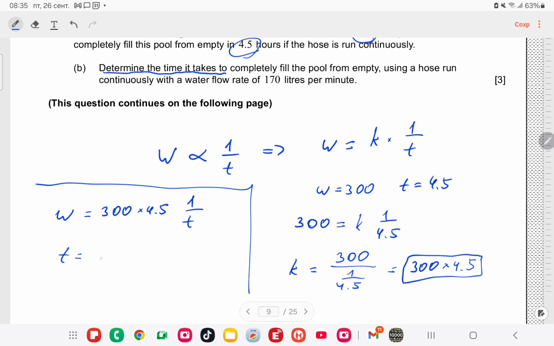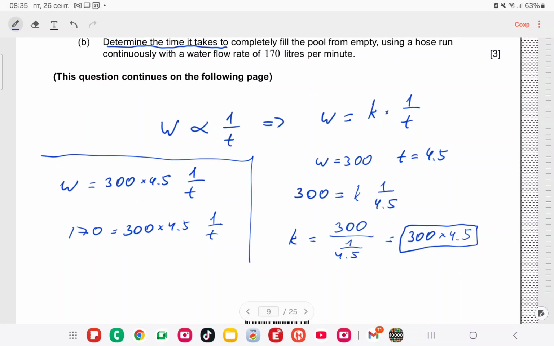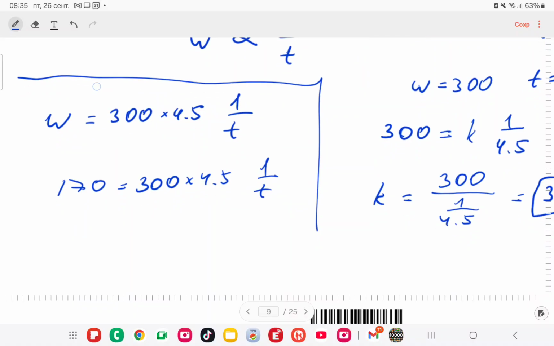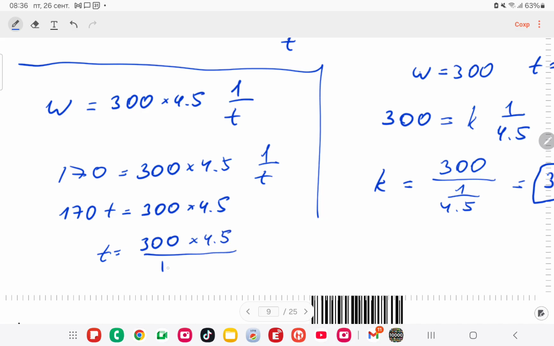So 170 is equal to 300 times 4.5 over T. Let's multiply everything by T: 170 T is equal to 300 times 4.5, and T is equal to that divided by 170, which is 7.94 for three significant figures.